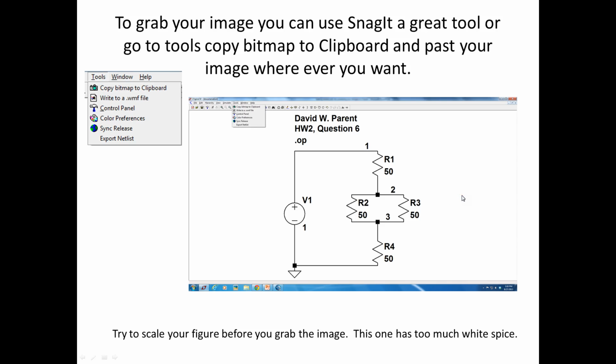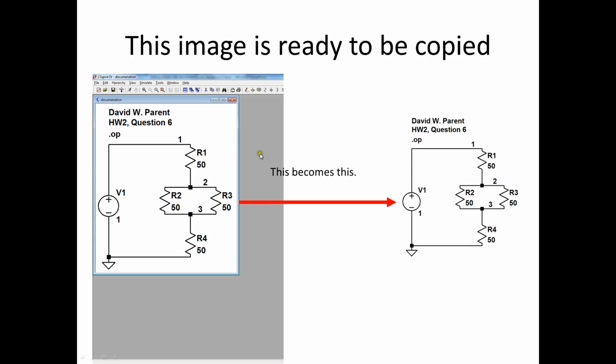A much better way is to scale it before you grab it. So again, this is a screen grab of everything I was working on, and I shrank the figure to a size that I wanted, and see now there's no white space hanging around it. Then I go to Tools, Copy Image to the Clipboard, and then stamp it down right into PowerPoint or Word or whatever program you want.